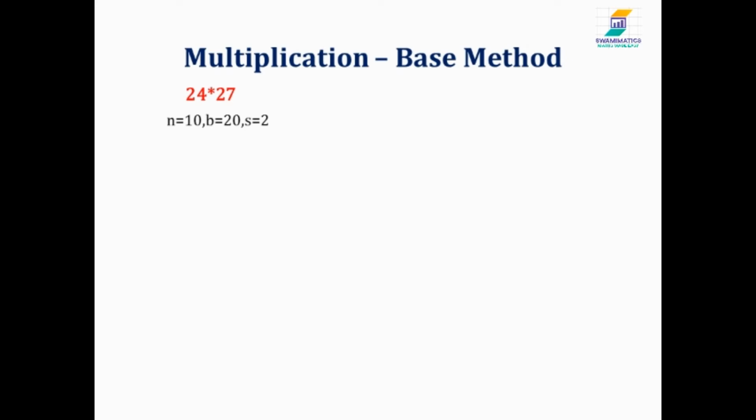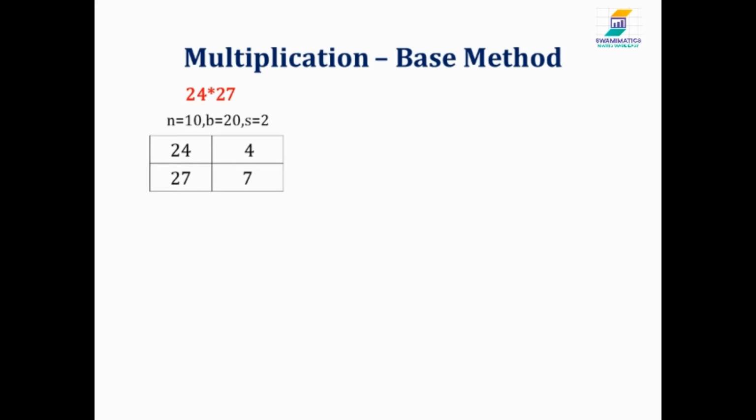But the working base is what? The working base is the one which is close to the given numbers. So the working base here is 20. Now, what is S? S is the ratio of working base to the normal base, 20 by 10, which is 2.